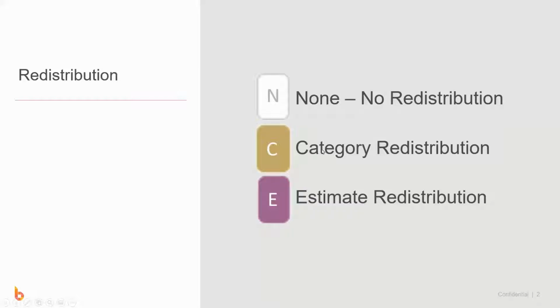C is category redistribution, meaning that markup from that item will only move to other items inside that same category. E is estimate redistribution, or commonly known as everywhere redistribution, because the markup from those items will move everywhere.